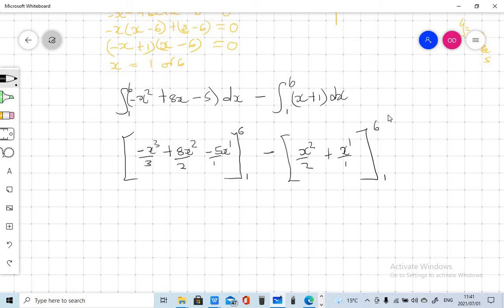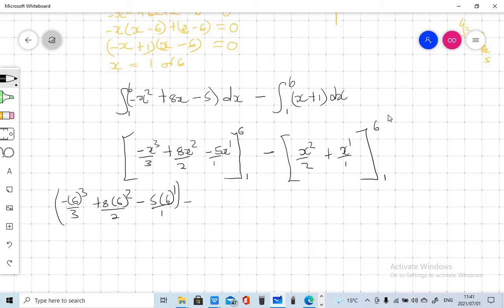Therefore, if we put in 6 there, you're going to have minus 6 to the power 3 over 3 plus 8 times 6 to the power 2 over 2, minus 5, and then you substitute your 6 to the power 1 over 1. So that's the first part, and this part is subtracting.